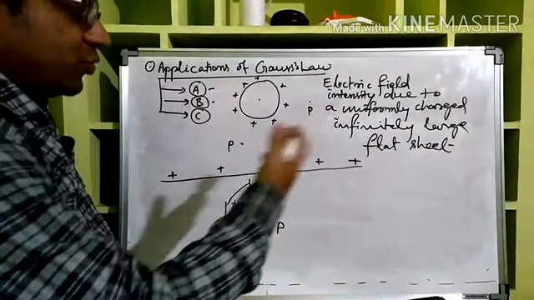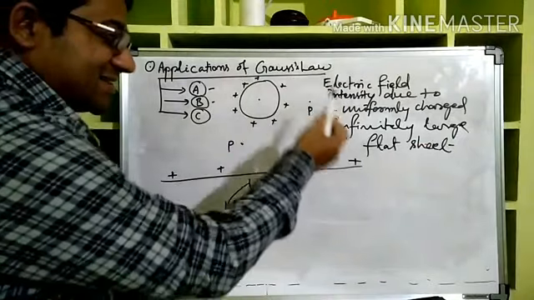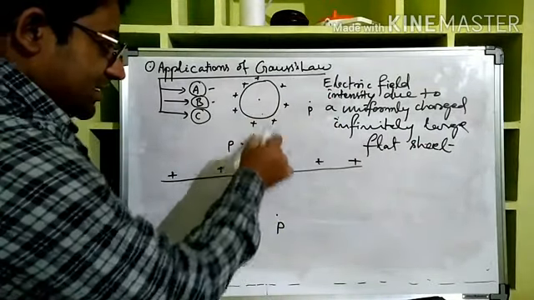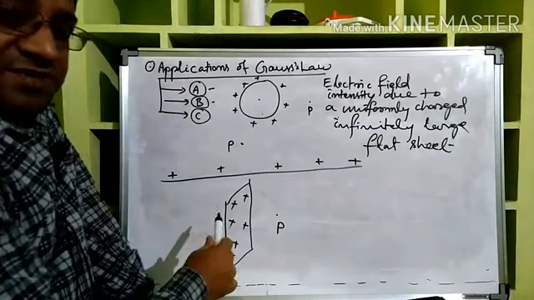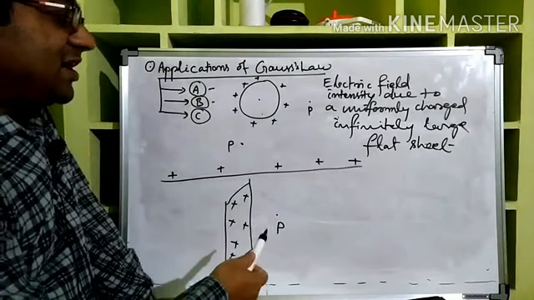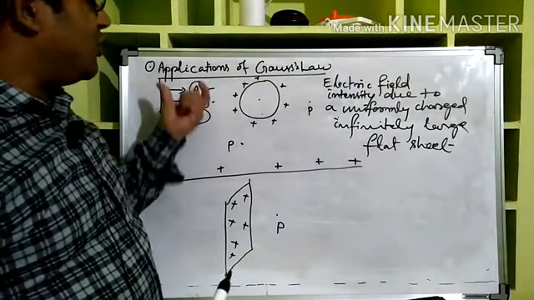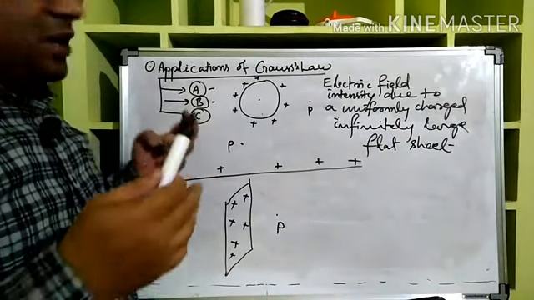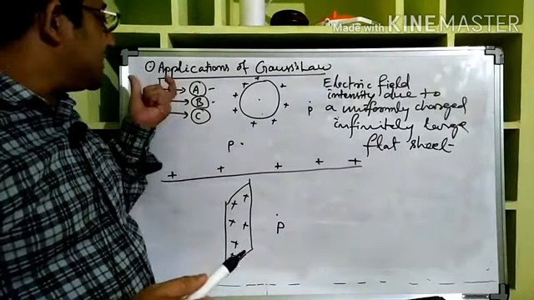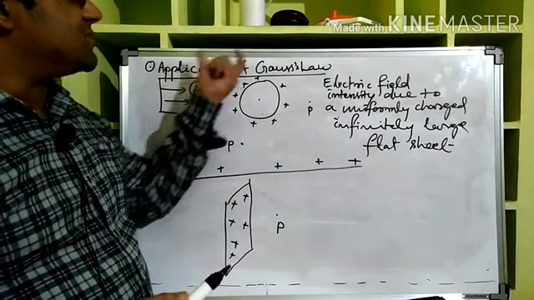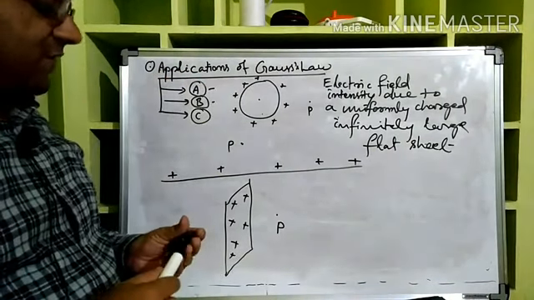So how to derive this electric field intensity at any point due to these three applications, we'll see, and depending on that a few numericals also we will take up, and this is all that is covered in the applications of Gauss law. Fine.